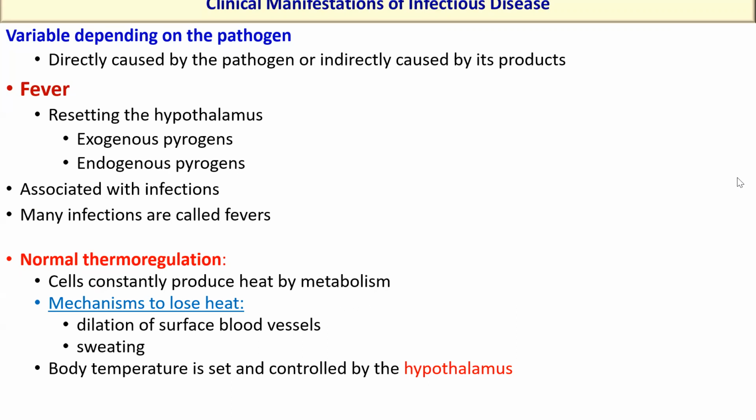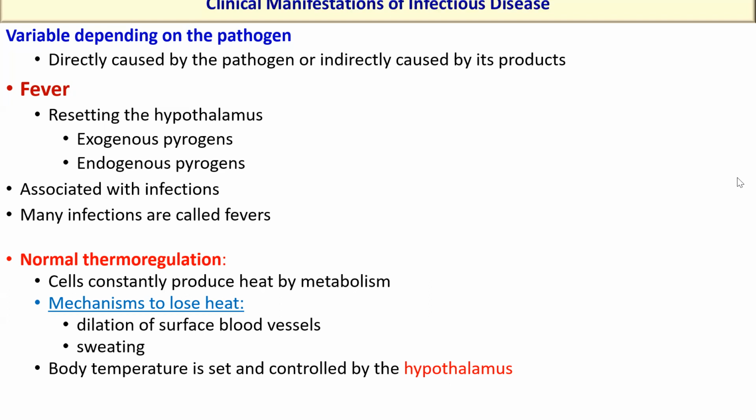Now, the mechanism of fever: with infection or toxins from the bacteria, the bacteria will release biochemicals into the bloodstream. These are the exogenous pyrogens, the lipopolysaccharides, the LPS, of the gram-negative bacteria. They will signal the white blood cells, especially the monocytes and macrophages, to produce their own biochemicals.